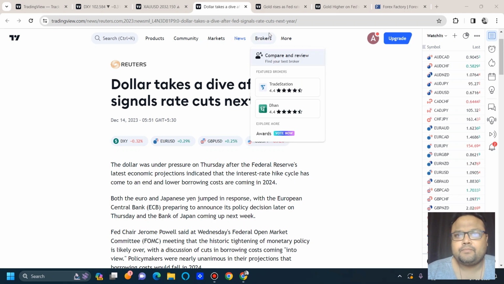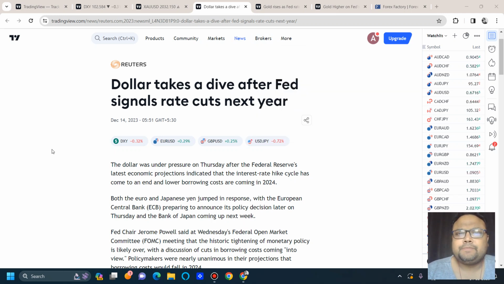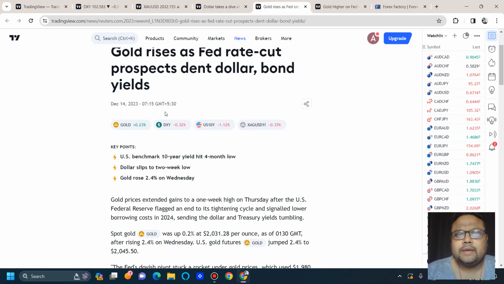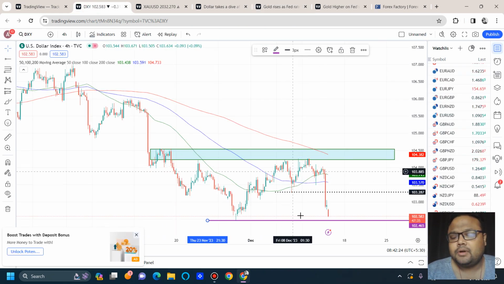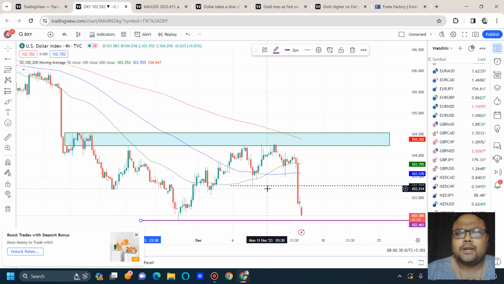2024 next year. So market was expecting that there would be no change, but the prospect of rate cut next year took a pressure on the chart of dollar, as a result of which we got to see some massive moves. And for the last couple of days, we saw that US dollar was trying to recover.